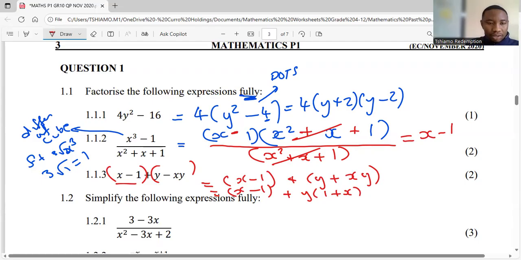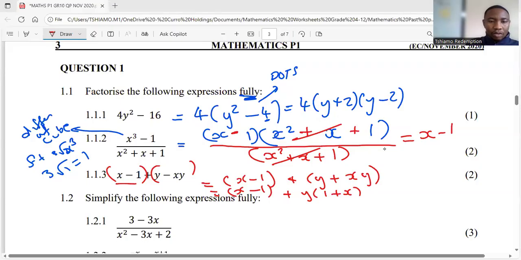Okay, does it work? Plus x, the signs are not the same. So if the signs are not the same, what do we do? If we multiply this one, still the signs will not be the same.